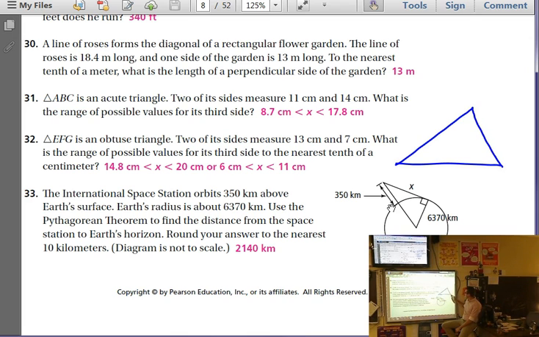So let's say an acute triangle, and we could have measures of 11 and 14 and be solving for another short side, which this hinge can only open a certain amount to stay acute, or we could have 11 and 14 and be solving for this side, which would end up the longest of all three.